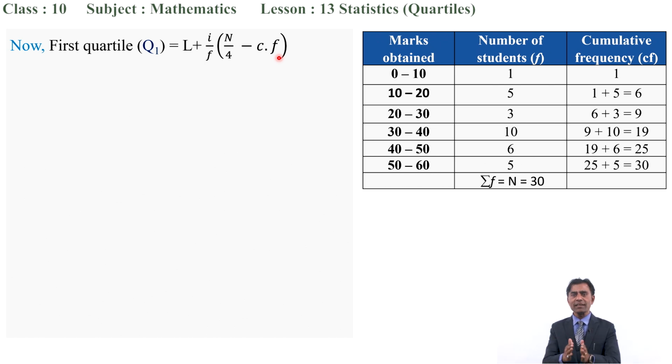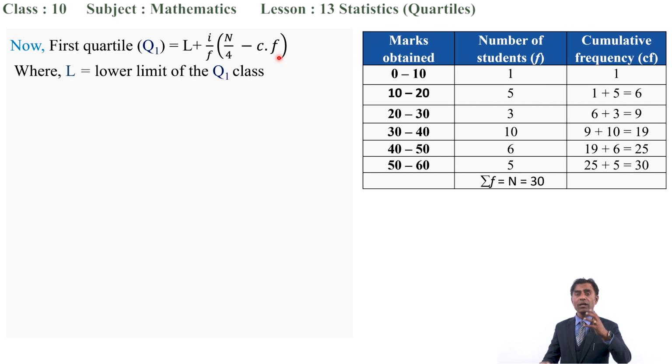L represents the lower limit of the median class when we are doing median. When we are doing the first quartile, what does L represent? Lower limit of the first quartile class. If we are finding Q3, it is L plus I by F bracket 3n upon 4 minus CF, and in Q3, L represents the lower limit of the third quartile class.